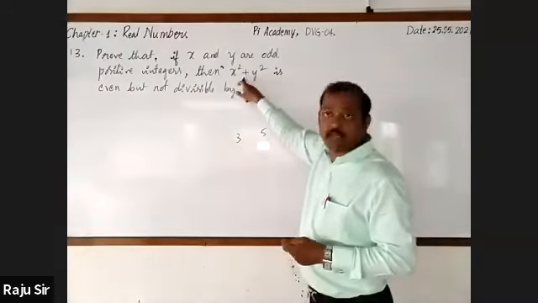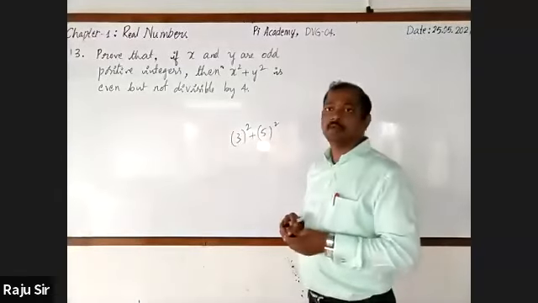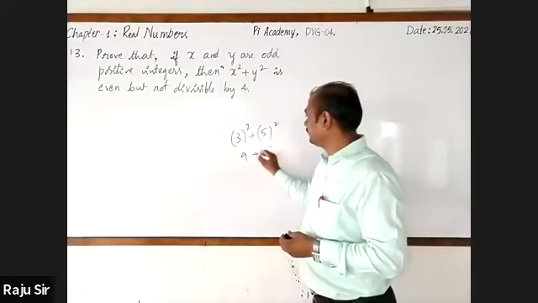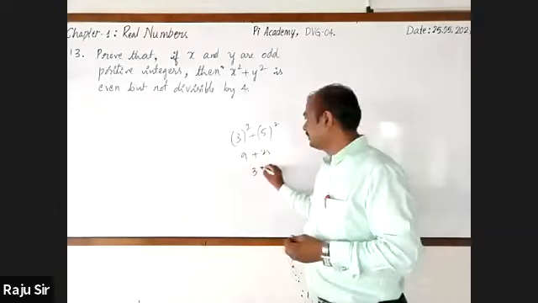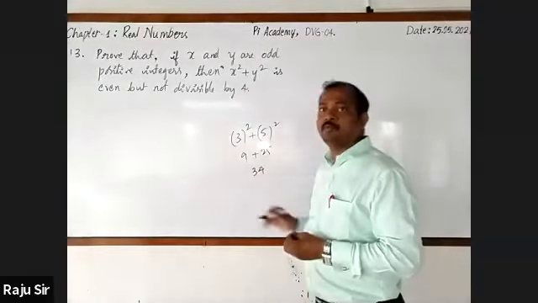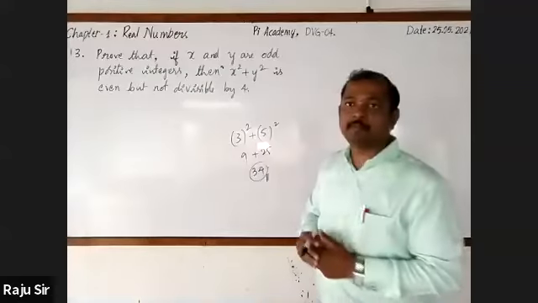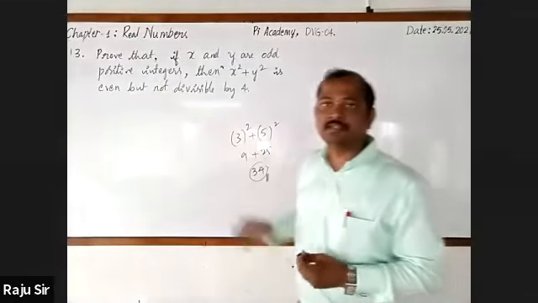Then x square plus y square is 3 square plus 5 square, where 3 square is 9 and 5 square is 25. 25 plus 9 is 34. Is it an even number? Yes, sir. Is it divisible by 4? No, sir. But we have to prove this statement with logical steps.